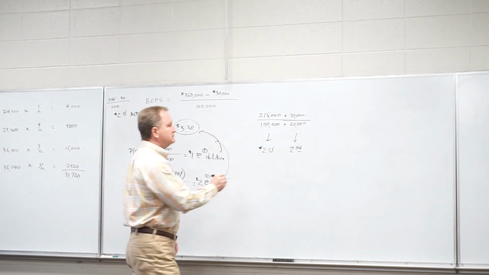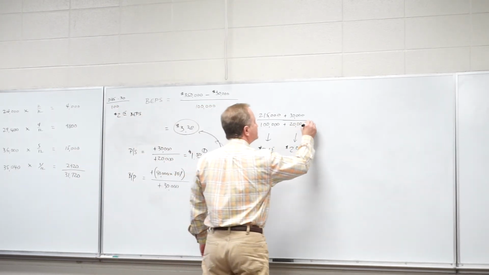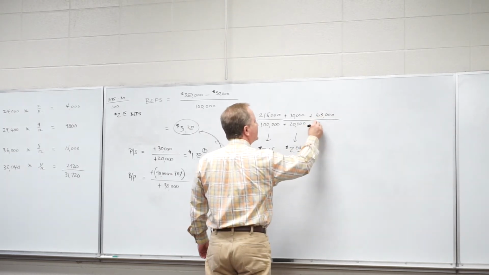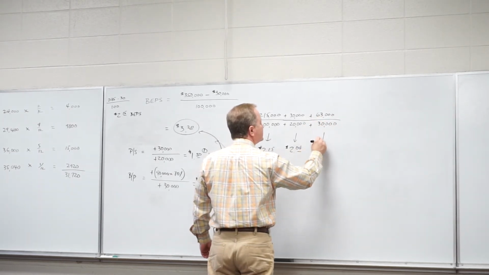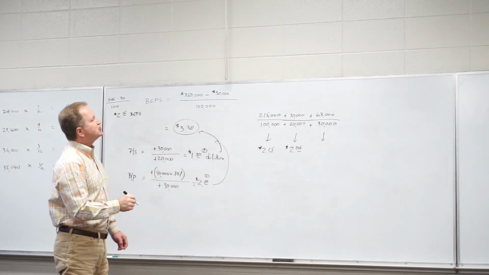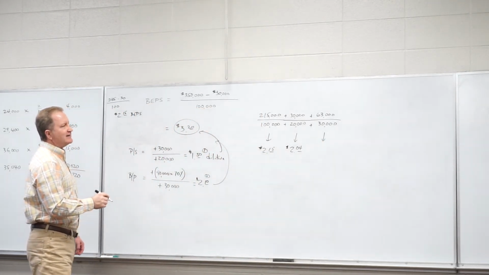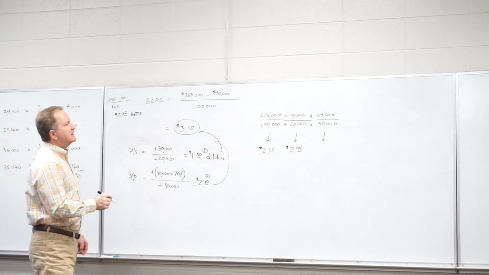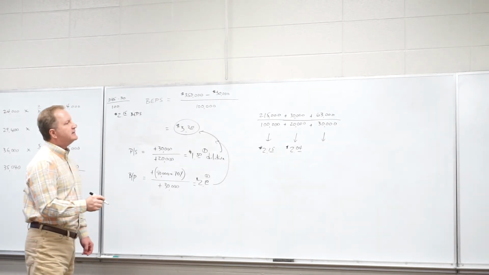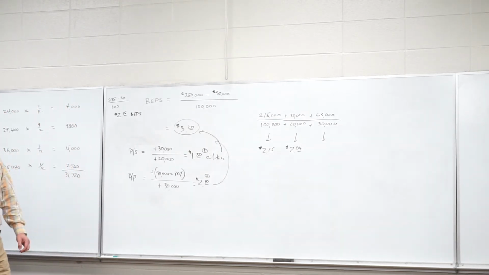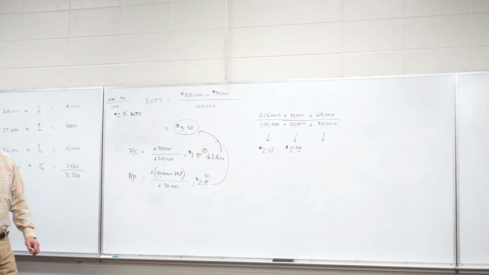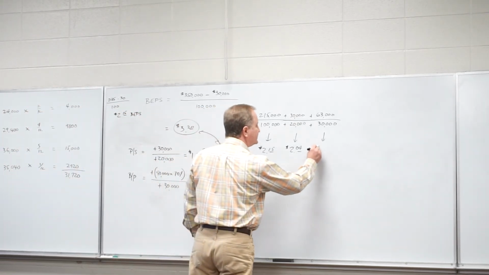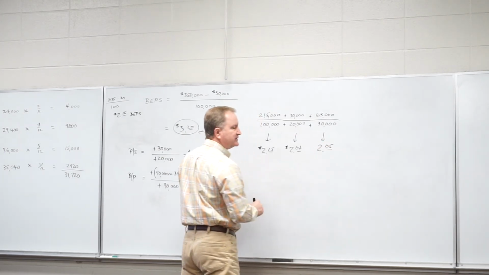So we got to keep going now. So the next time is plus 63,000 divided by plus 30,000. So now it's 308,000 divided by 150,000. 2.05. So what's your answer?